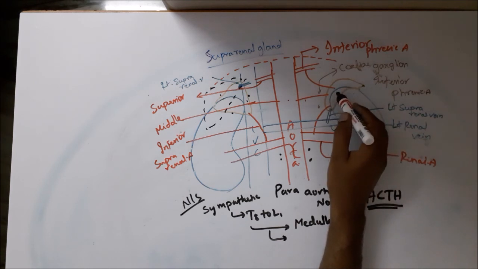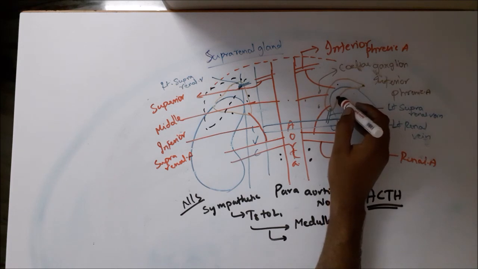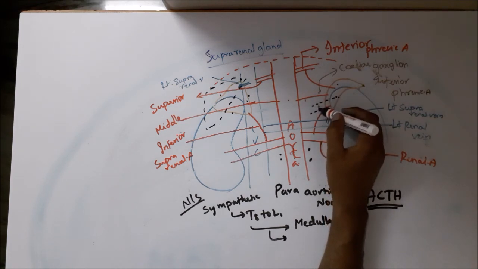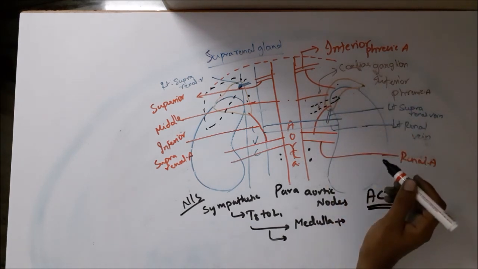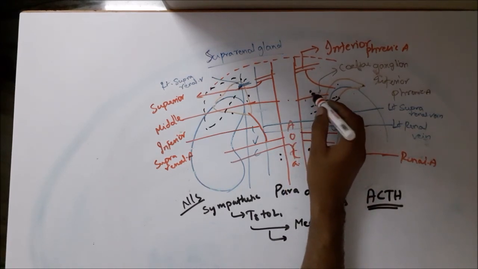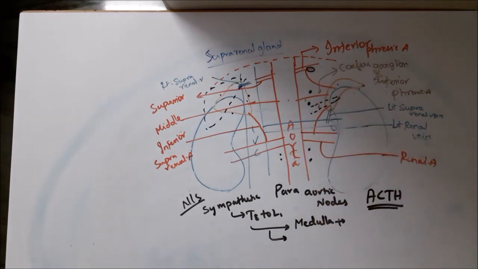Anteriorly it's related with the stomach and omental bursa, inferiorly with the pancreas and the splenic artery, posteriorly with the left crus of the diaphragm and the kidney. Both right and left, medially they are related with the celiac ganglions and inferior phrenic artery.